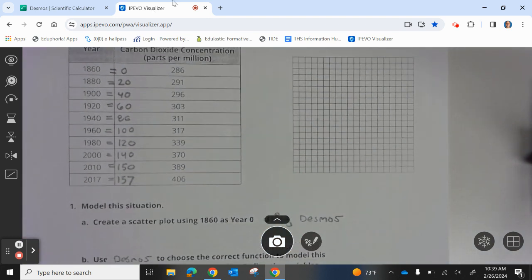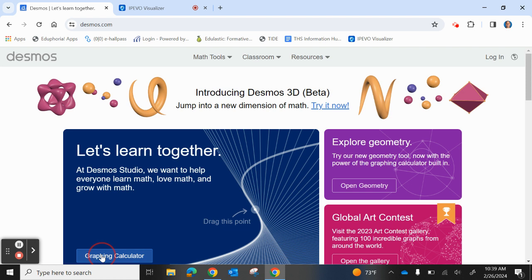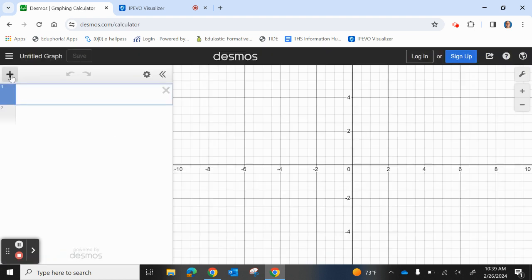All right, let's go ahead and go to Desmos. Add table.